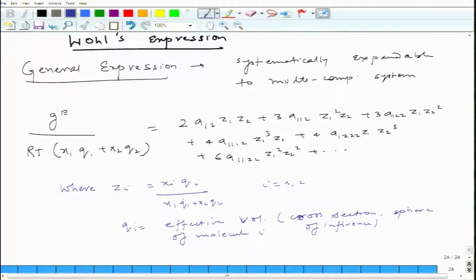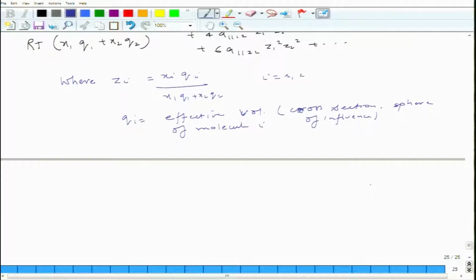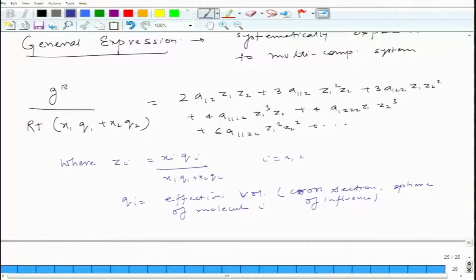So if you look at the expression, on the right hand side this is effectively a function of Z, which is nothing but the volume fraction of each component. It's like a weighted volume fraction, right? Now let me spend a bit more time here. This is the effective one, and if you are concerned about where these terms come from, why there is a 2 here, why there is a 3 here, let us look at it.